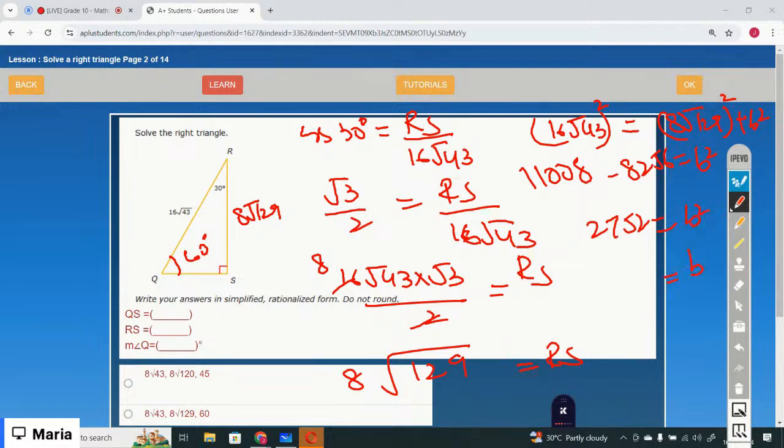So b equals square root 2752, that is 8 square root 43. So the correct option is option number 2. One side is 8 square root 129, the other is 8 square root 43, and the missing angle is 60. Got it? Option number 2 is the correct option, right?